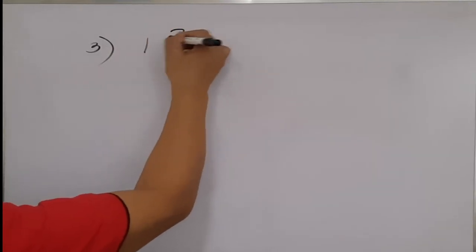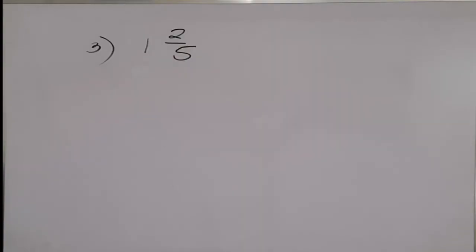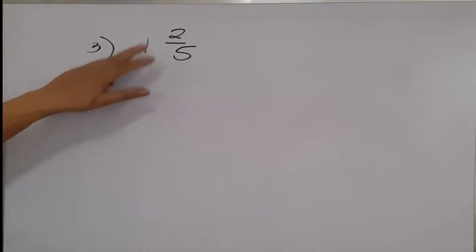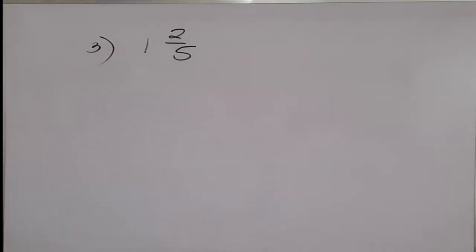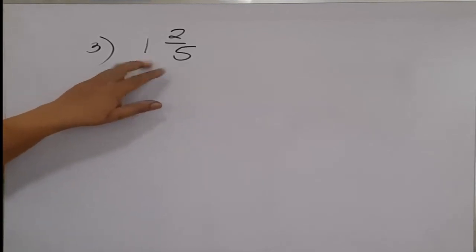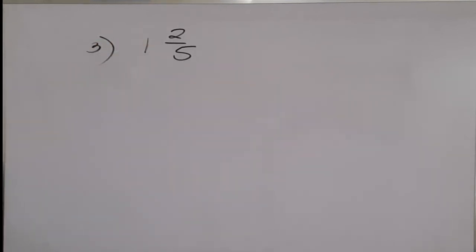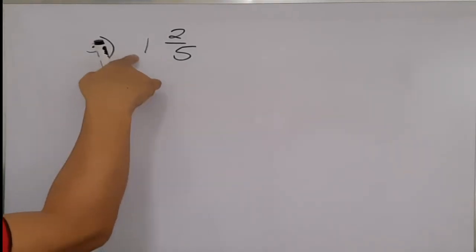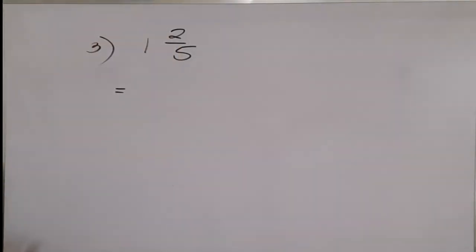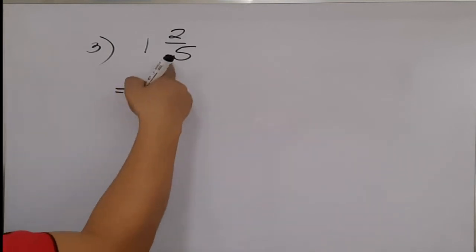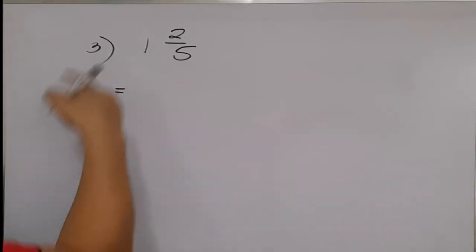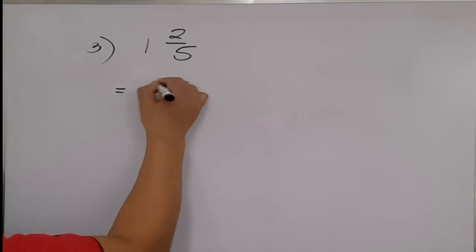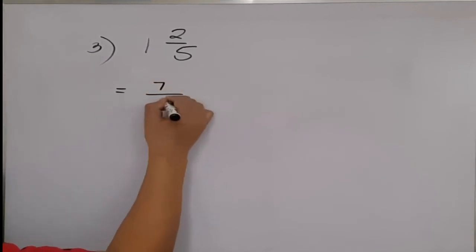Let's take another example. 1 and 2/5. How do you convert a mixed fraction into a decimal? The solution is to convert the mixed fraction into an improper fraction. That means we multiply the denominator by the whole number plus the numerator. So that will be 5 times 1 is 5, plus 2 is 7/5.